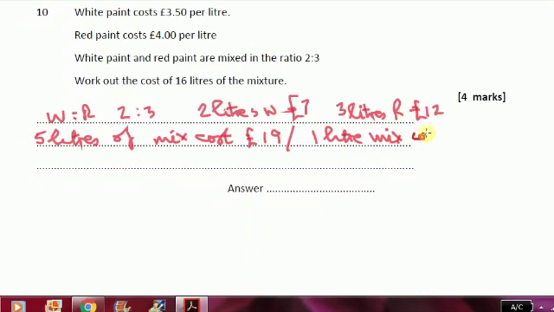It will cost the total £19, and that's for 5 litres, so it's 19 divided by 5 to get the cost of 1 litre. 19 divided by 5 is 3, 15, and then 4, 5 into 40 goes 8, so it's £3.80.